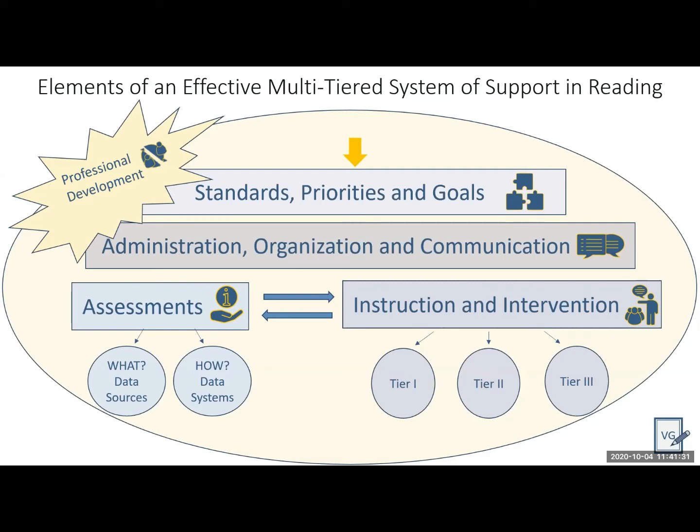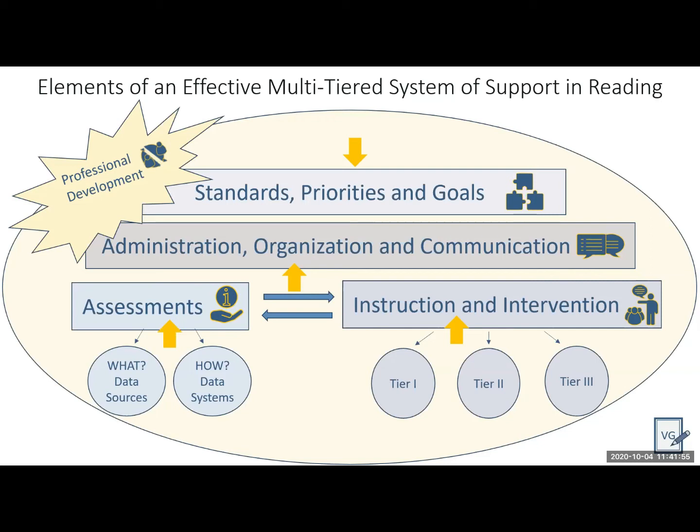Standards, priorities, and goals provide a clear focus for a school-wide reading model, or MTSS-R. These standards, priorities, and goals are supported and reinforced by effective and efficient administration, organization, and communication processes, and result in high-quality instruction, intervention, and assessment practices.